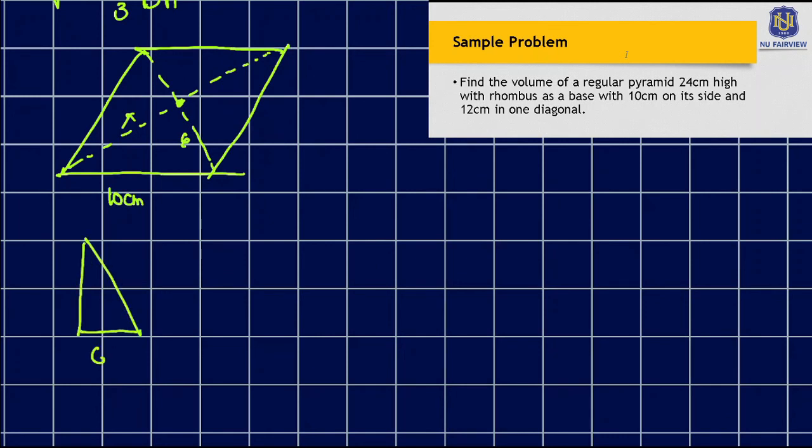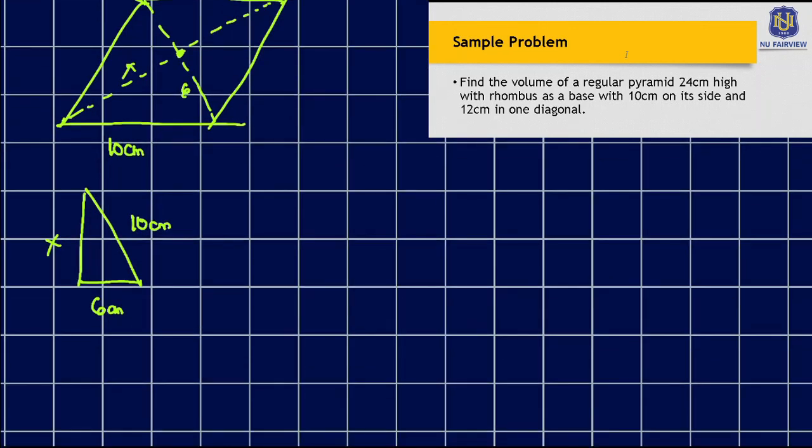So, we have here 6 cm and then 10 cm and then x. So, to solve for that, using Pythagorean theorem, x is equal to 10 cm squared minus 6 cm squared.